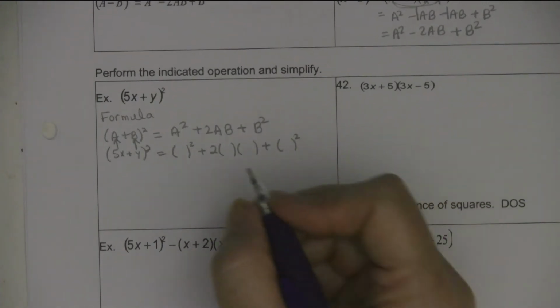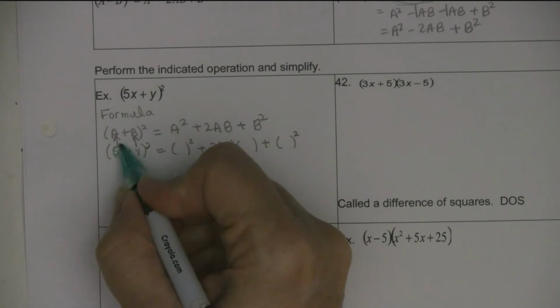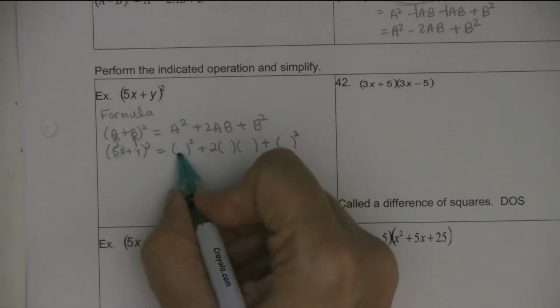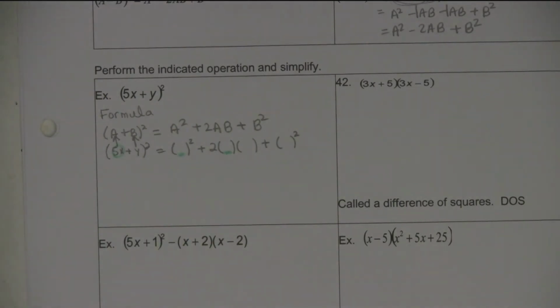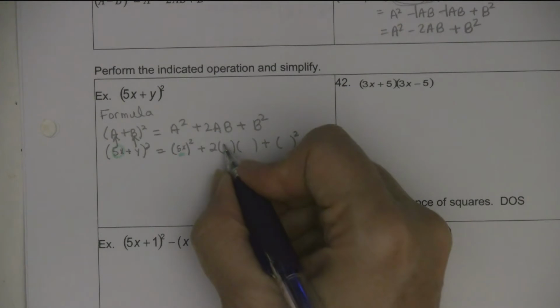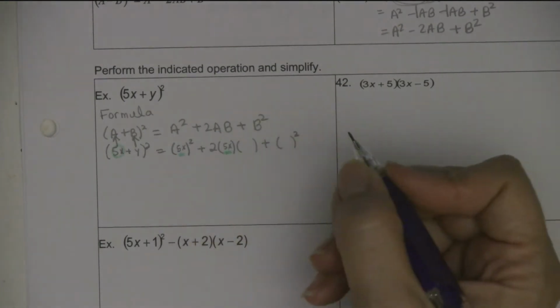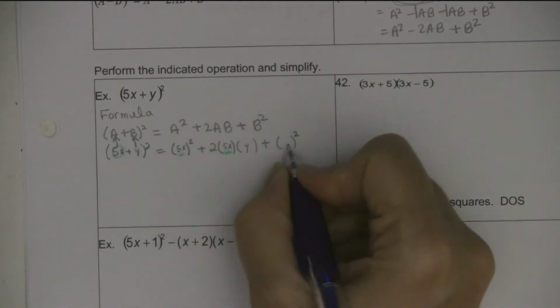So you're going to be filling in the blanks right here. Everywhere you see A, you're going to put 5x, right? Those are the places where A was. So I'm going to put right in there 5x, and write in here 5x. And everywhere I see b, I'm going to put y.